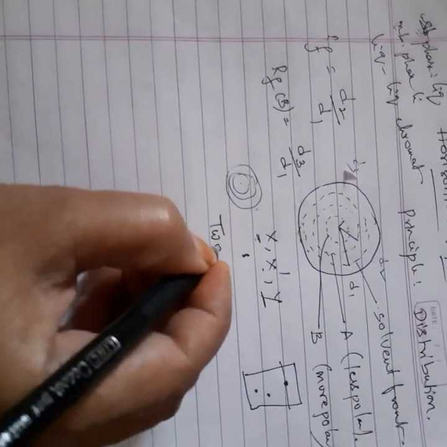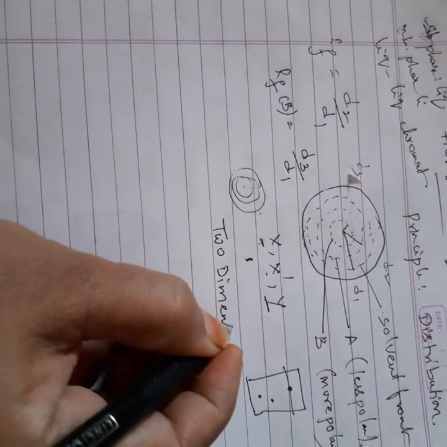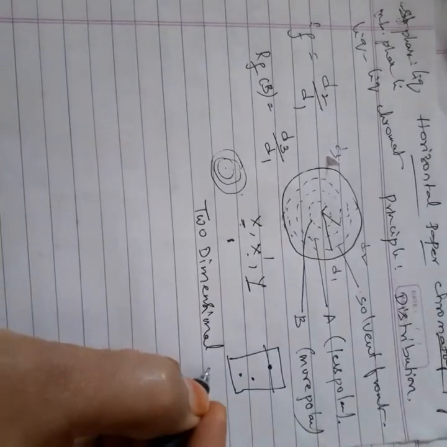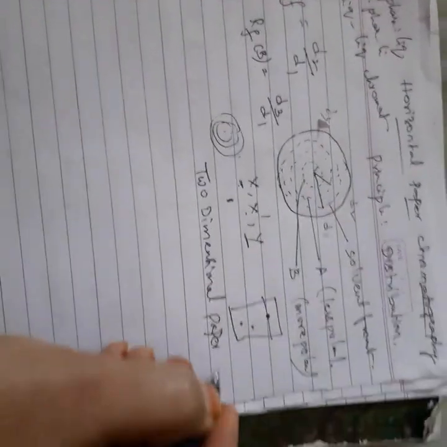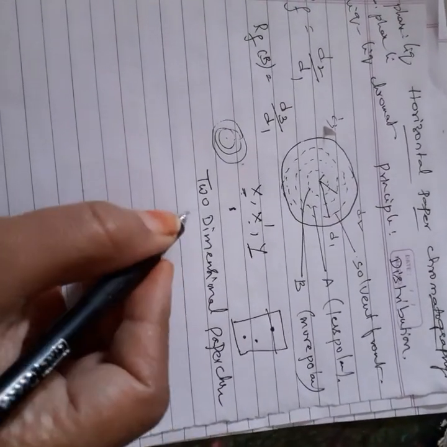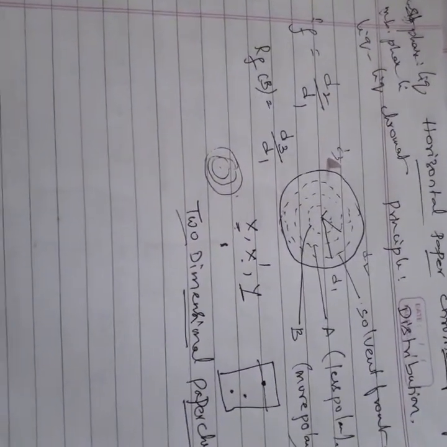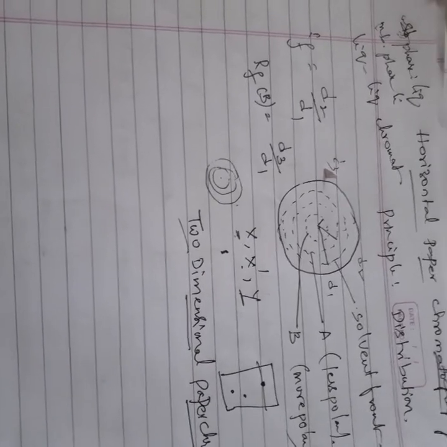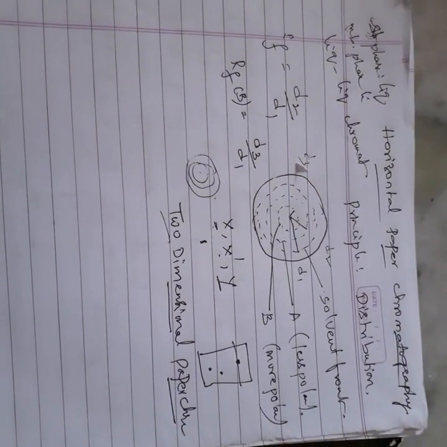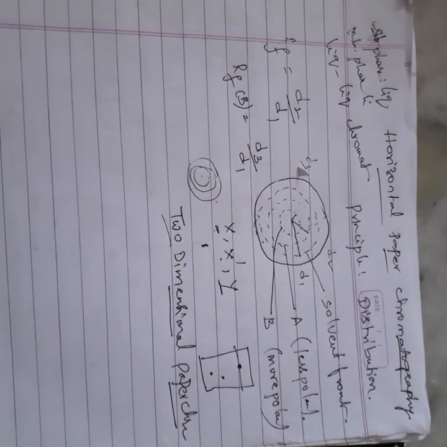And the next one is 2-dimensional paper chromatography. Sometimes while doing descending or ascending paper chromatography, if you take a large number of samples, the circles will come very close to each other.